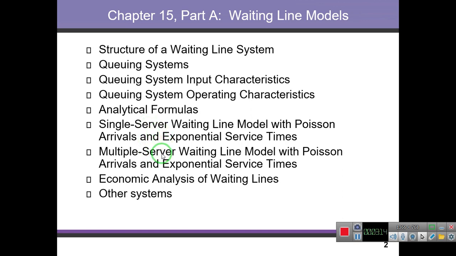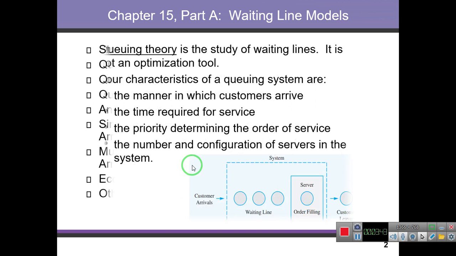So again, if you think of the supermarket, there's only one cash register, or there's more than one cash register, right? Then we're going to look at the economics of it, like how does this impact the bottom line? And then we're going to look at other more complicated systems. I think we're going to look at a total of, I don't remember if it's 5 systems or 6 systems, but we'll look at all of them.